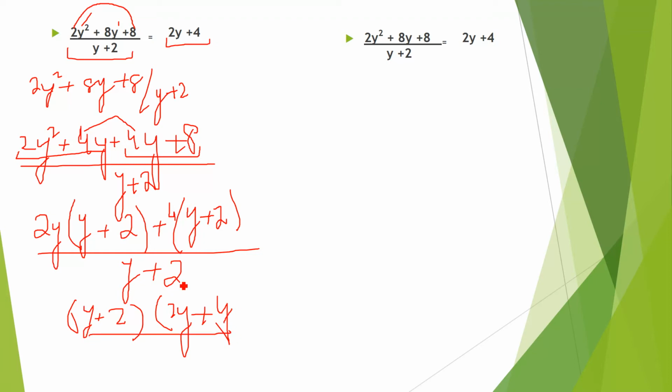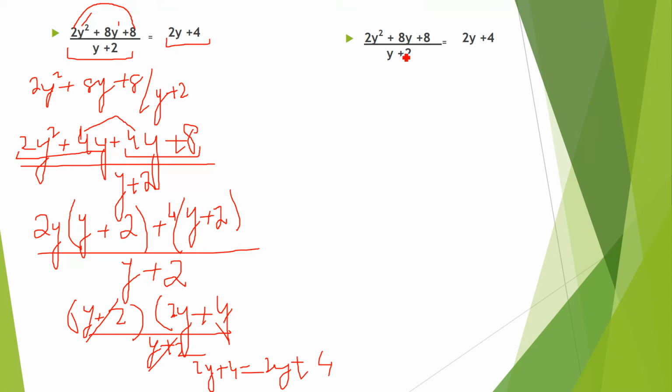And then divided by y plus 2. So you will see that this y plus 2 and this y plus 2 will cancel out. What is remaining? 2y plus 4, and this is 2y plus 4. This was the requirement of our question, that left hand side should be equal to right hand side, and we proved it with the help of factorization.